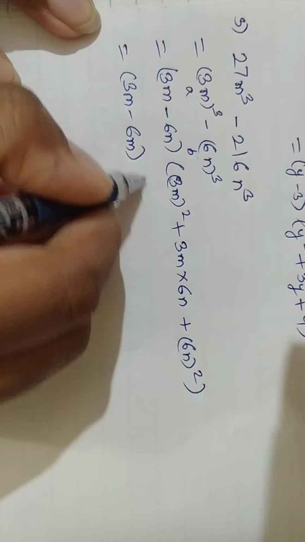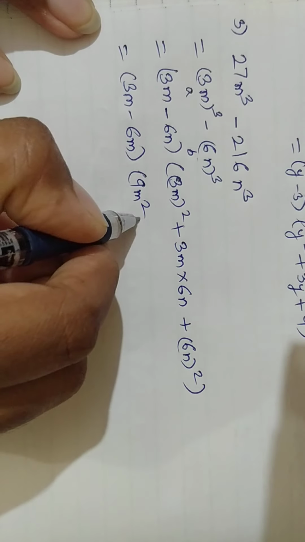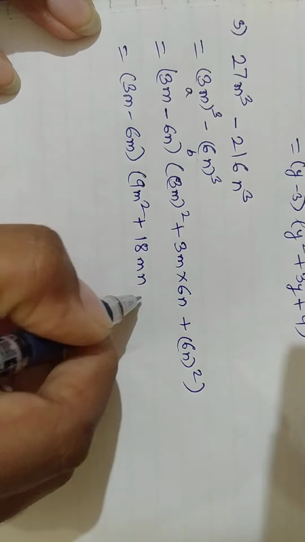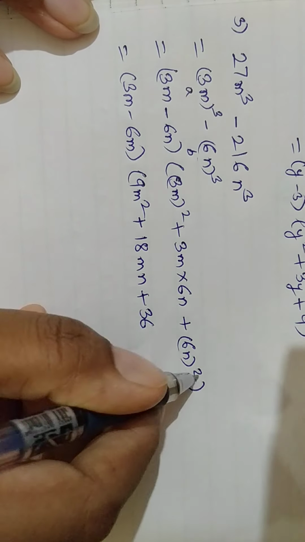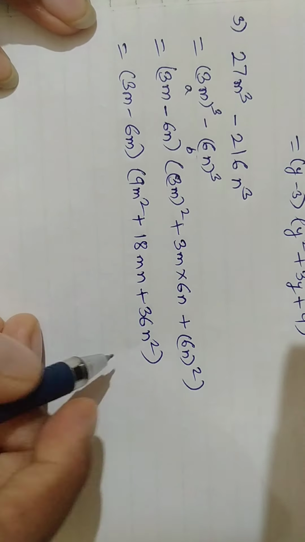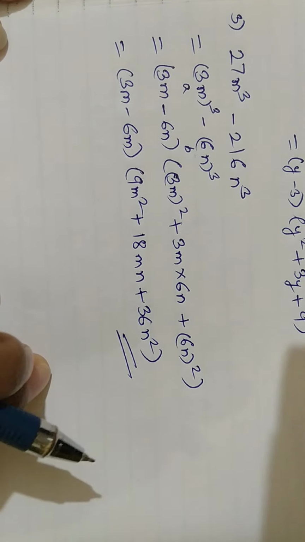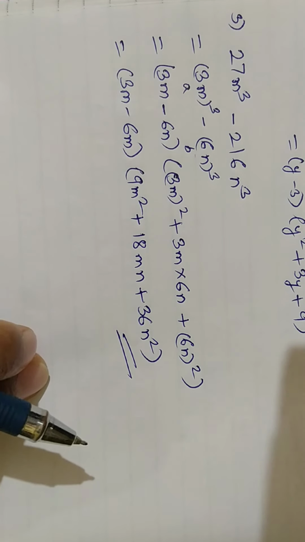Second bracket 3m square, that is 9m square, plus 6 3s are 18mn, plus 6 square 36n square. Now this is your final answer. Now I will take the fifth one.